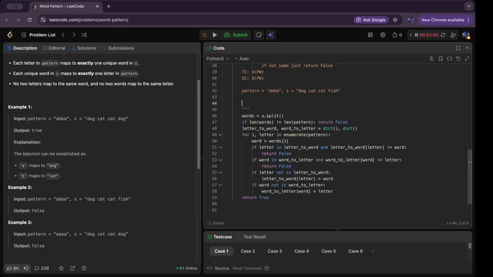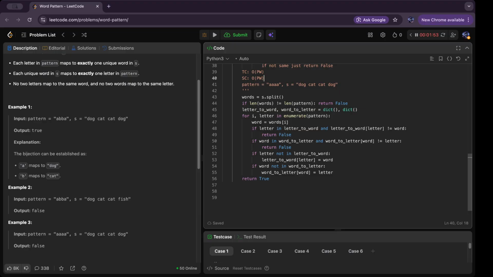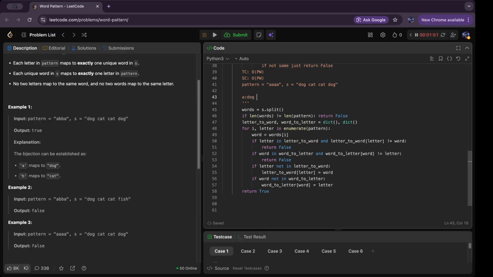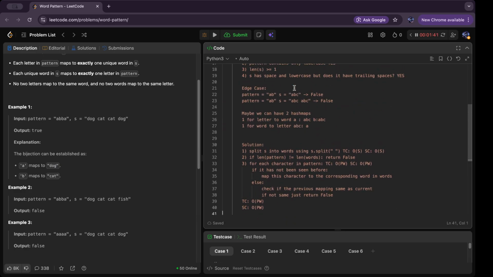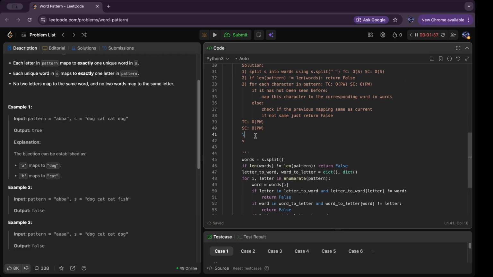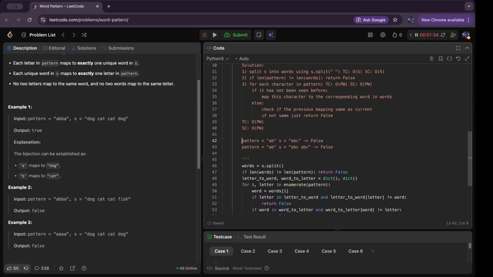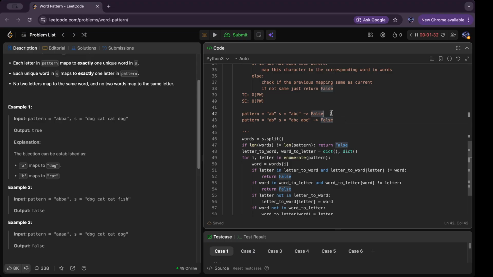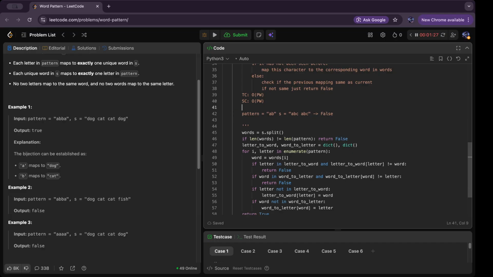Okay, and then let's double check this. Dog maps to A. It's already wrong in the previous test case.